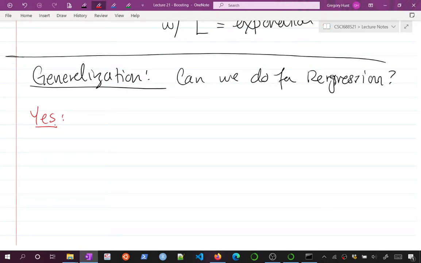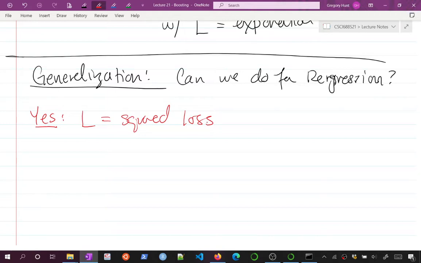But to do this kind of forward stagewise modeling, an Adaboost-like thing for regression, if the loss is the squared loss, then if you remember, the margin in the classification loss played the same role as the residual in the regression loss.